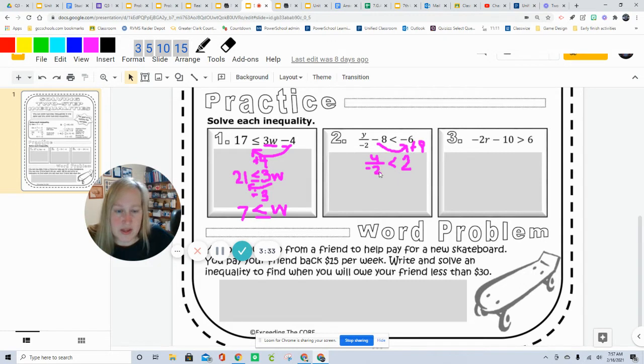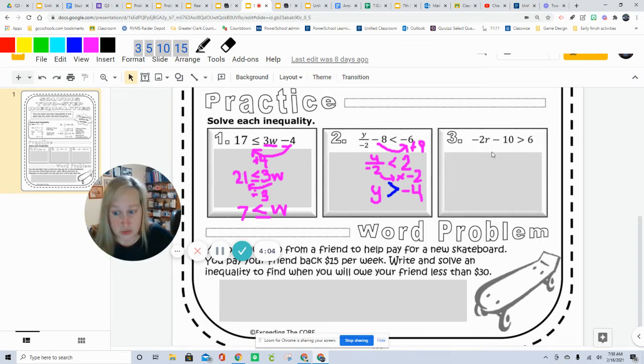Now, this one is division. That's y divided by negative 2. So I'm going to move this negative 2 by multiplying by negative 2. Since I multiplied by negative 2, say that's a multiply, I have to flip the sign. I have to reverse that sign. This side is left with y. This side is 2 times negative 2, which becomes negative 4. So our final answer is right there.